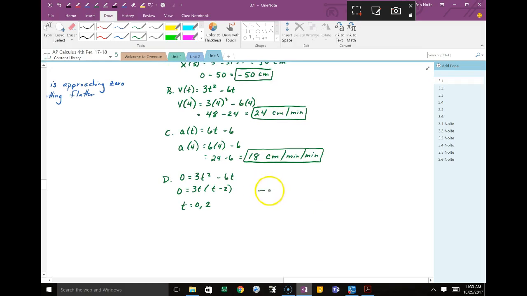Okay, so now on my number line, we have 0 and 2. If I plug in, let's just say -1, I would have a negative times a negative, so a positive. Anybody else get a positive for -1?